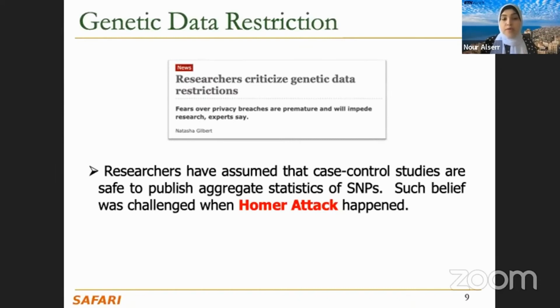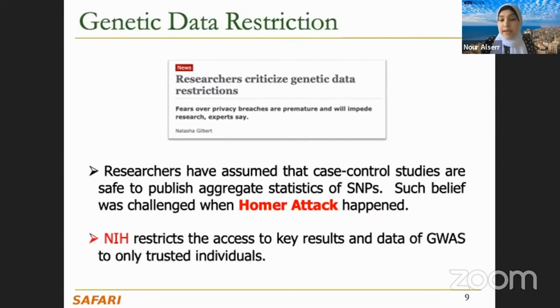So after that attack happened and they were successful in finding if a victim is inside the case group, the NIH in the United States, the National Institutes of Health, restricted the access to key results of the GWAS data. They only give permission to qualified or trusted researchers or individuals.